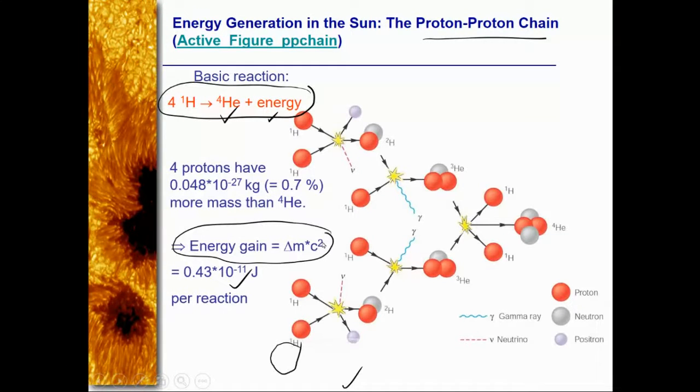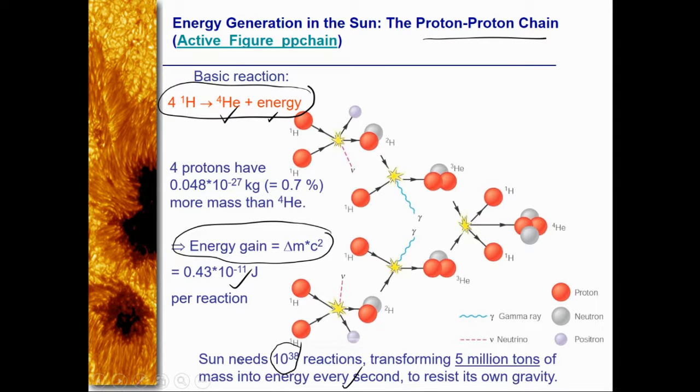If I multiply that by c squared, that gives me the energy produced by this reaction. But of course, the sun makes 10 raised to the power 38 reactions, transforming about 5 million tons of mass into energy every second. That pushes out, applying a pressure outward.